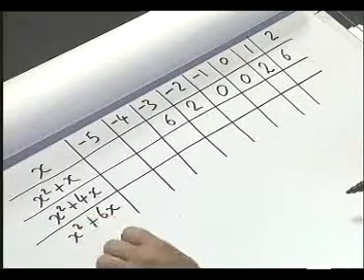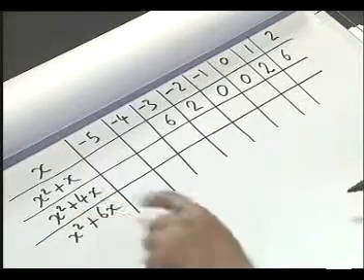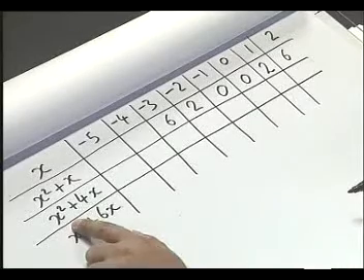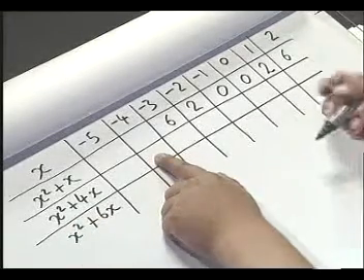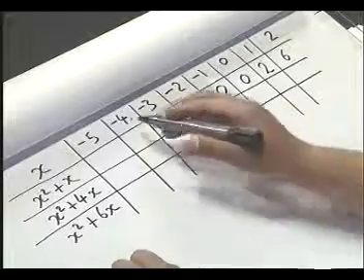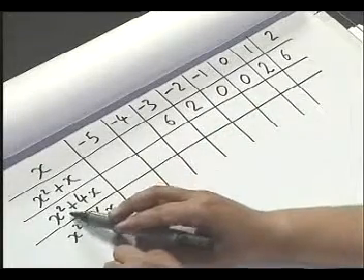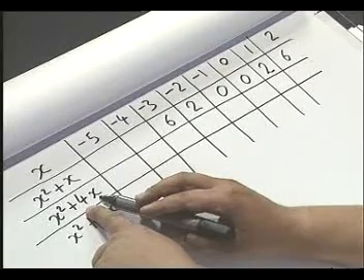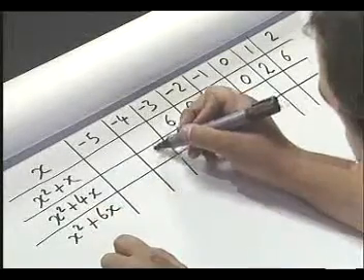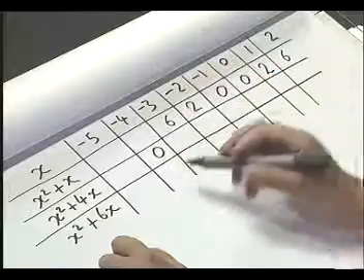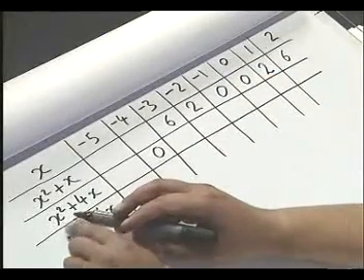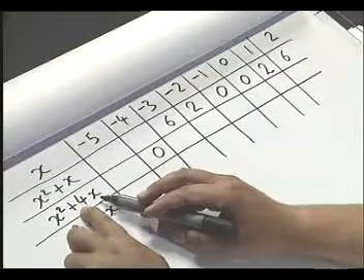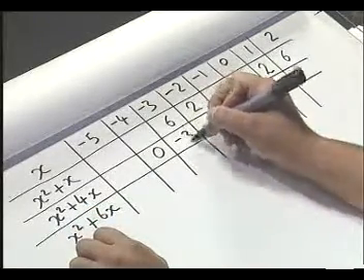Okay, for my next function, x squared plus 4x, I'm going to look at values from minus 4 up to 0. So if I put minus 4 in here, we get 16, take away 16, which gives me 0. If I put minus 3 in here, we get 9, take away 12, which gives us minus 3.